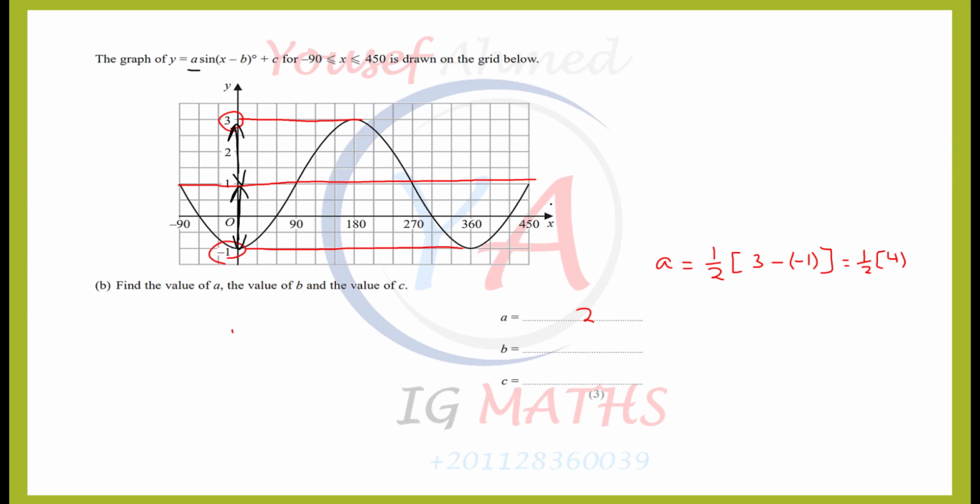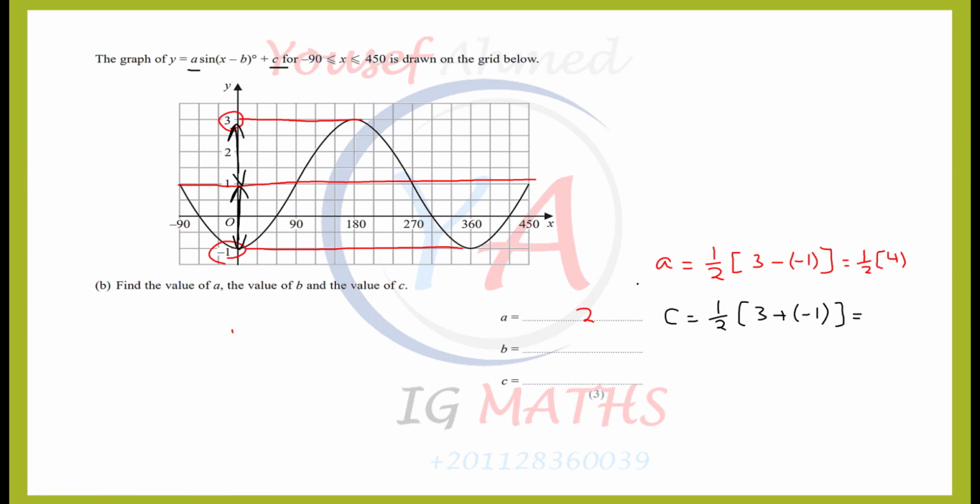Then you need to check the value of c. How do you get the value of c? C is the translation. C can be calculated by half times the maximum plus the minimum to know the vertical translation that happened here.